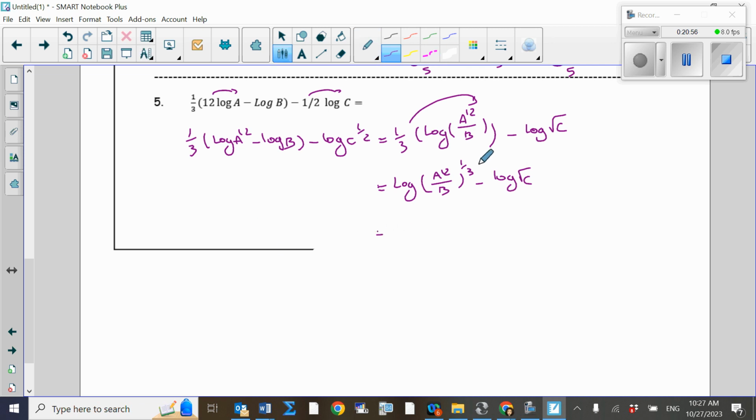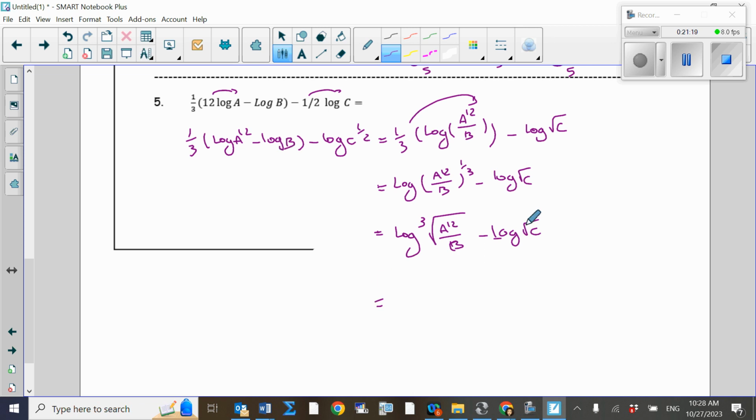Next, if I have a power of 1/3, I can rewrite that as a radical with index 3. So that's log of third root of a to the power of 12 over b minus log of square root of c.